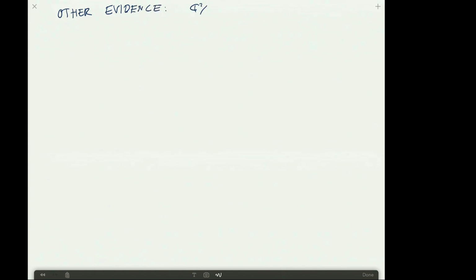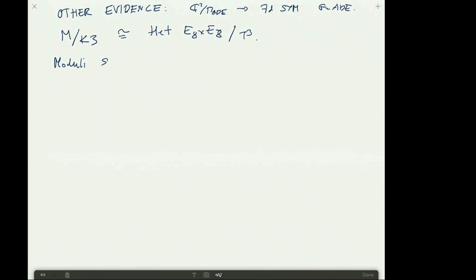That C2 mod gamma ADE gives rise to 7d Yang-Mills with G equals ADE: consider that M theory on a K3 is supposed to be equivalent to heterotic string theory, say with E8 times E8 gauge group, on T3. That's one of the classic string dualities, and one way of arguing for this is that the moduli spaces for these theories agree.